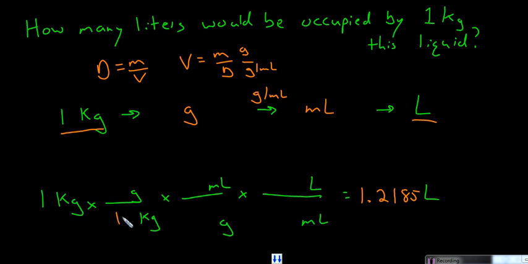You can say that 1 kilogram is identical to 10 to the 3 grams. There's 1,000 grams in a kilogram. This equality, this fact that 1 kilogram is the same as 10 to the 3 grams, allows us to build this unit conversion factor. And when we take our kilograms and then we divide it by kilograms, we're left just with grams here. And then you can convert your grams into milliliters.